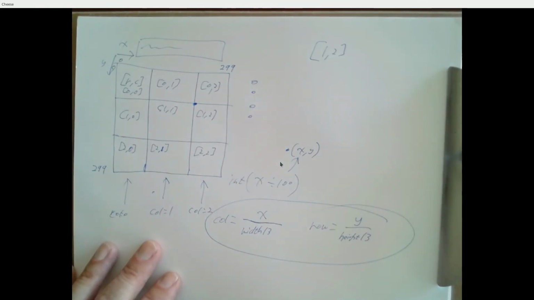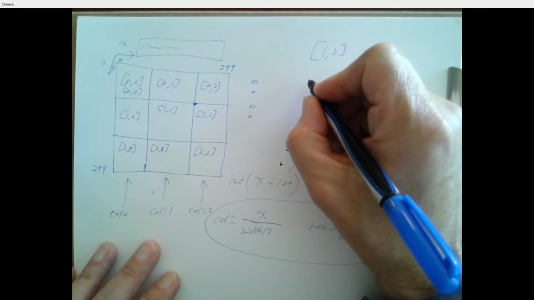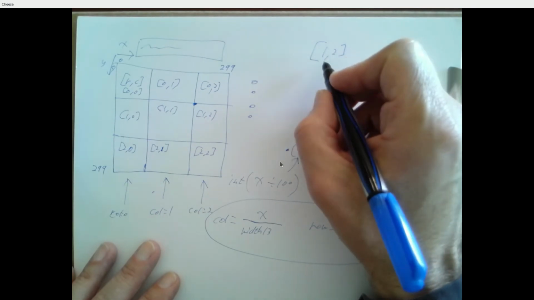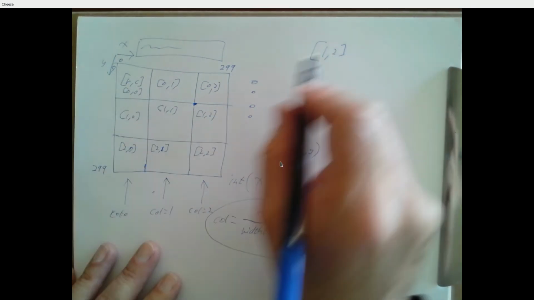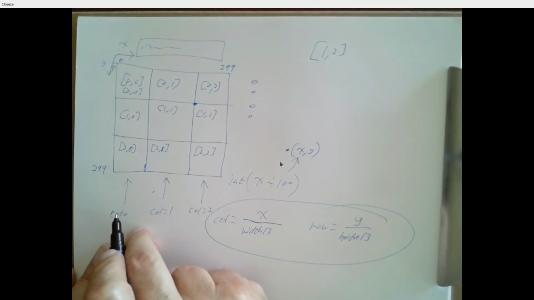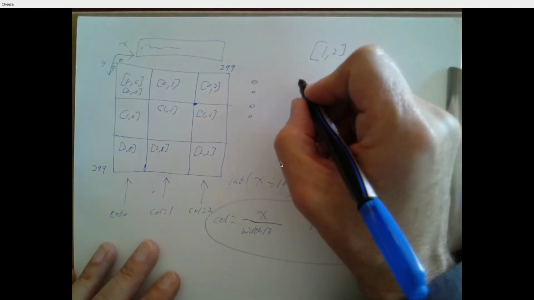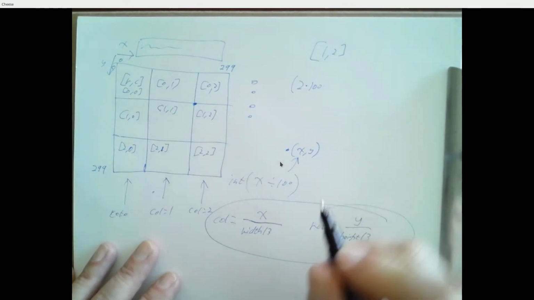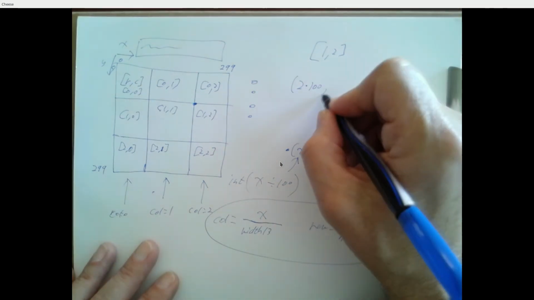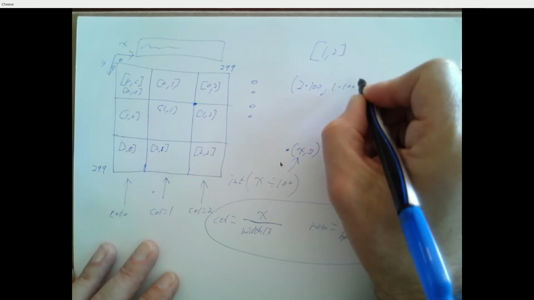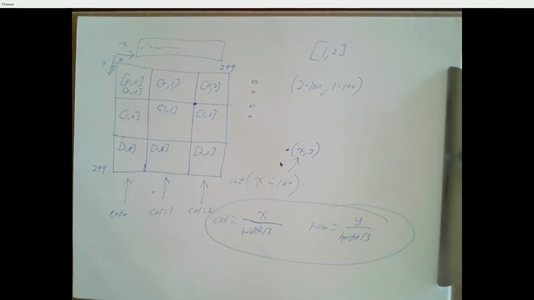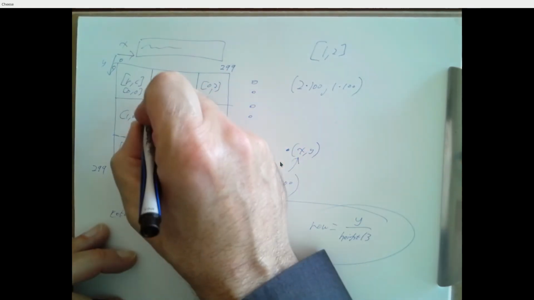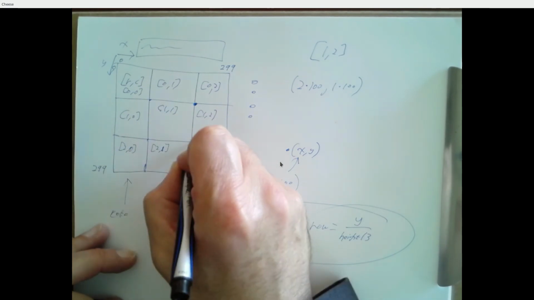So the row corresponds to y, the column corresponds to x. So the coordinates might be 2 times, and if it's 300 across, right, 2 times 100, comma, 1 times 100. Or do 2 times width over 3, 1 times height over 3. But that will let you find the upper left corner of whatever box you're interested in.